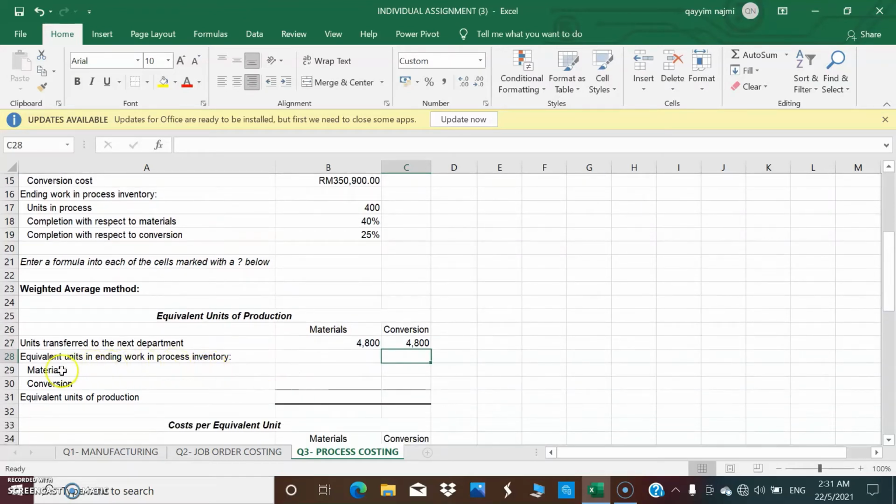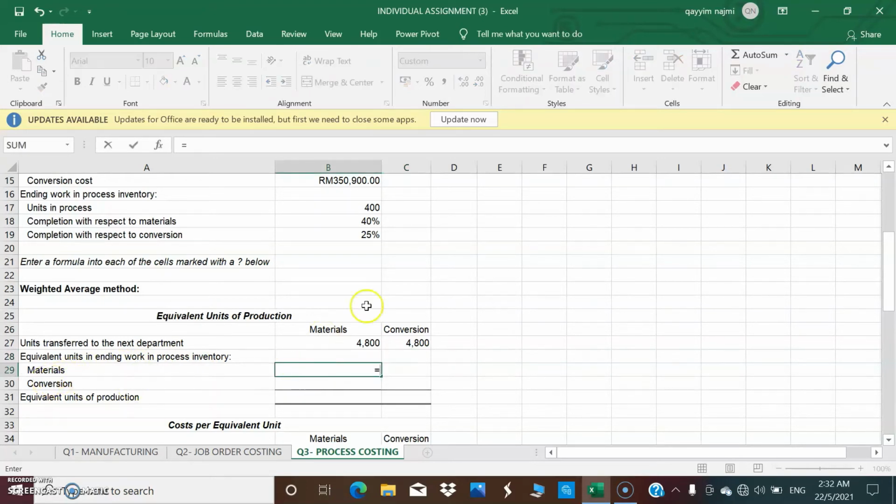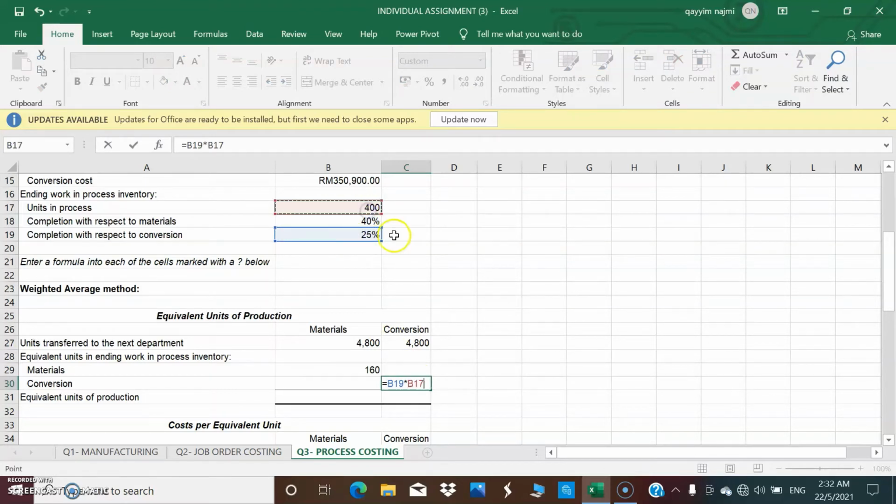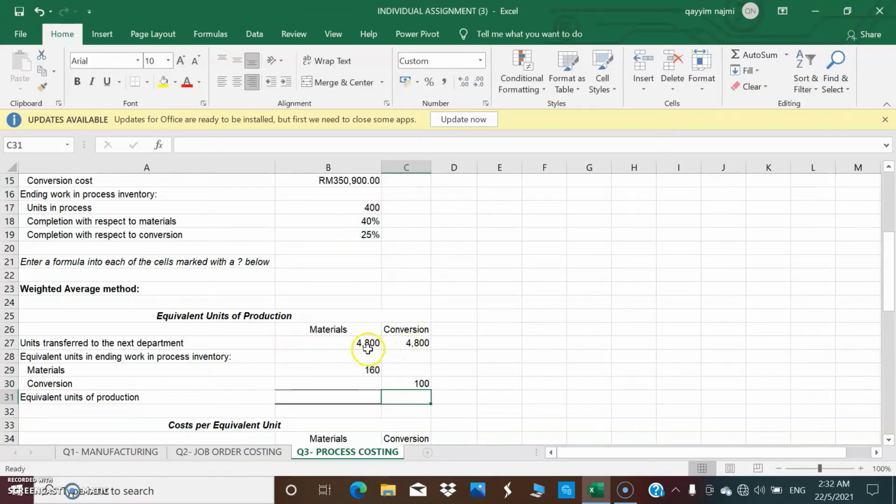Okay, equivalent units of ending work in process. For material, 40% multiplied by 400 gives 160. For conversion, 25% as the question gives, multiplied by 400 gives 100.